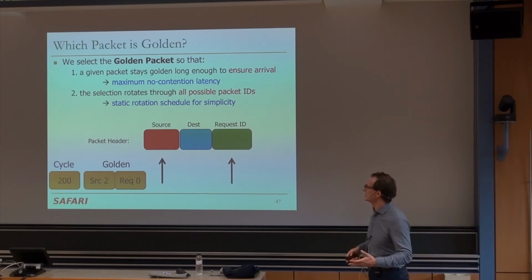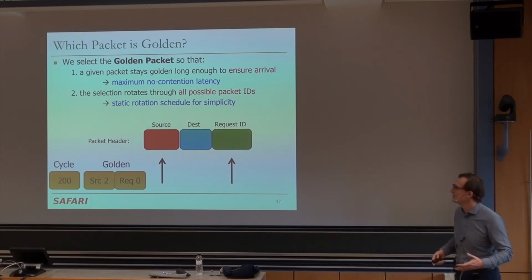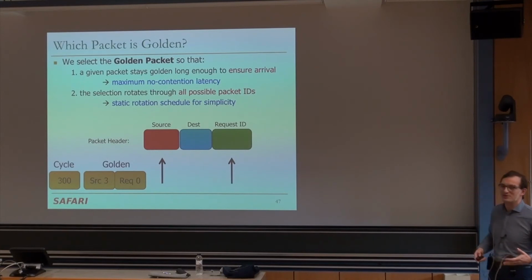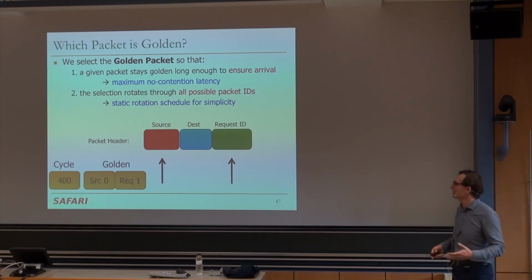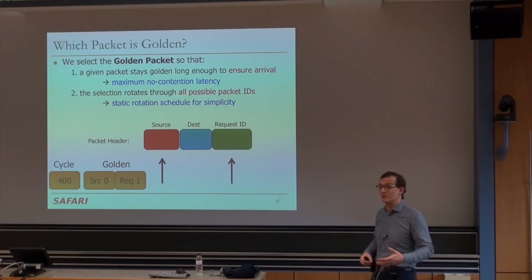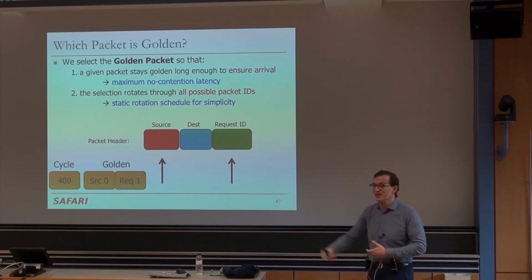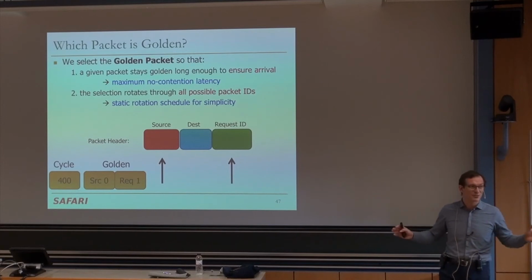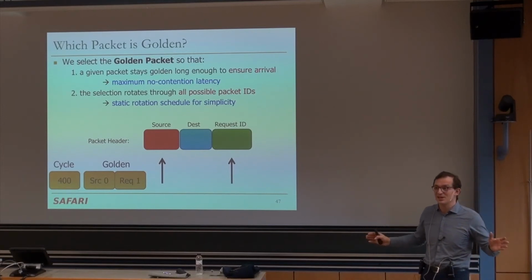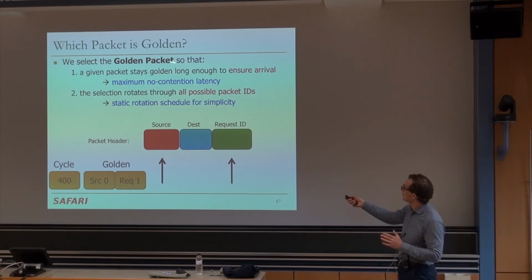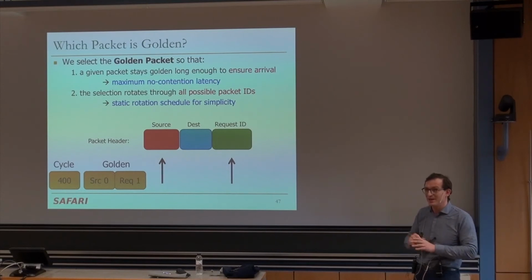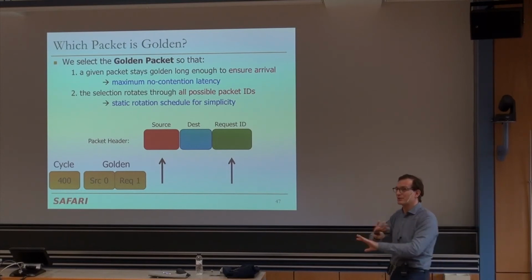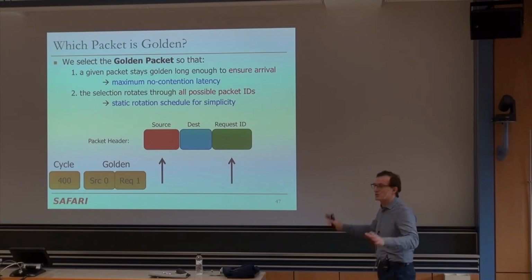At cycle 200, source 2's request 0. At cycle 300, source 3's request 0. At cycle 400, source 0's request 1. Basically, you're cycling through all possible requests that could be in the network, and you're prioritizing each of them for the maximum no contention latency. And every router is aware of this. Every router obeys this because they're designed that way.